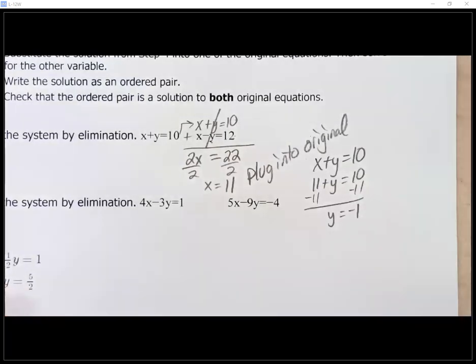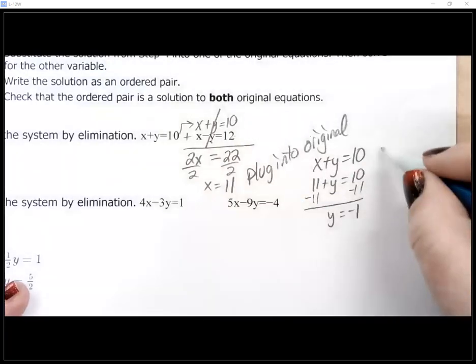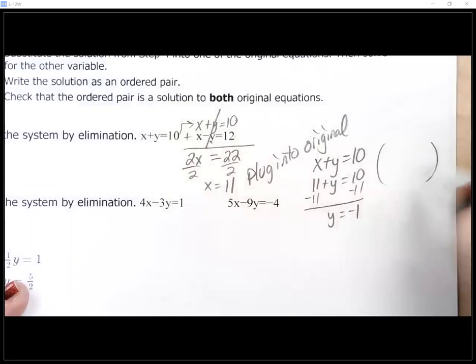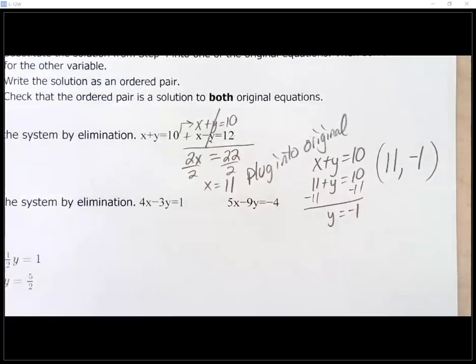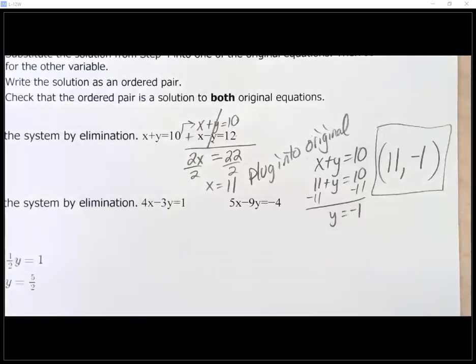So now I have my two values, my x and my y. It doesn't matter what order you find them in, but I'm going to give my answer as an ordered pair. Always the x first and then the y. Check it real quick in both, and it should work out. Yep, 11 minus a -1 really means plus, right? So 11 plus 1 really is 12, so hooray.